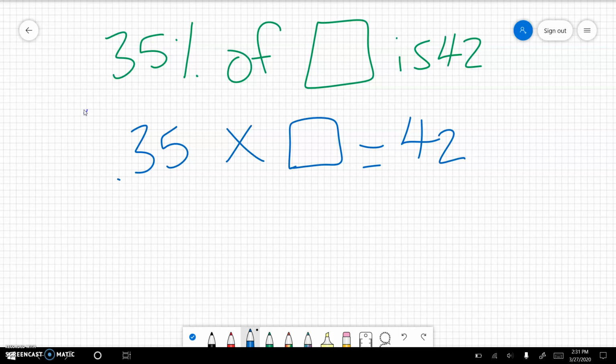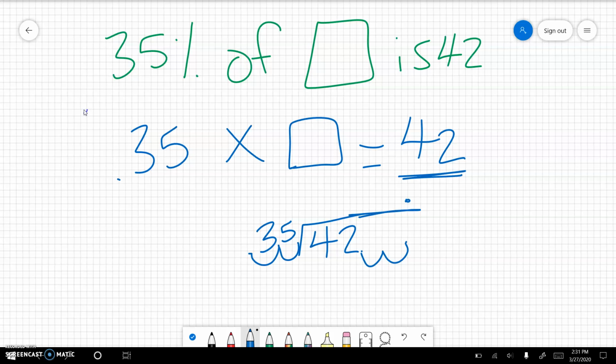In order to solve a question like this, you divide. The number that's by itself goes in the box. So it'll be 42 divided by 0.35. You cannot have a decimal out there, so I have to move it over twice. Whatever you do on the outside, you do on the inside, so I move it over twice and put it up in my answer so I don't forget. And you should know that in these two empty spaces, you have to add zeros. So now it's 4,200 divided by 35.